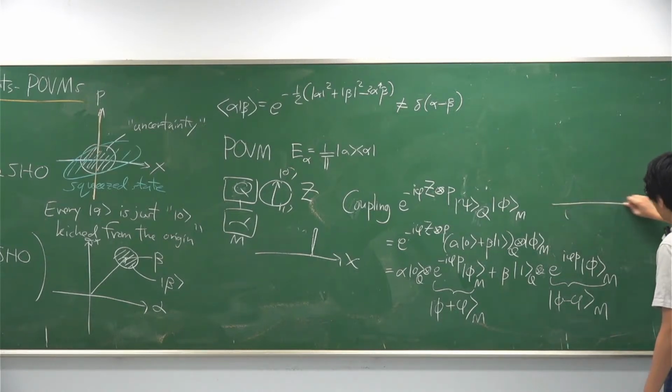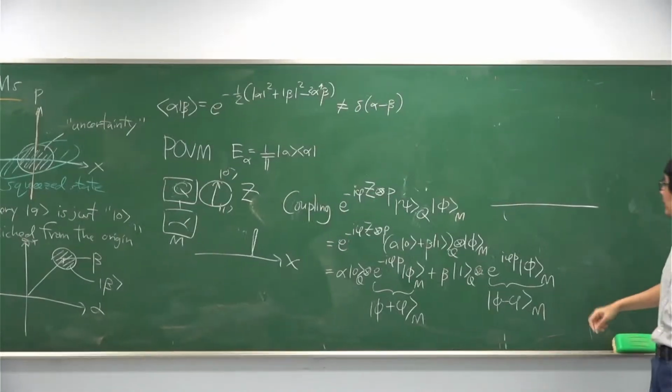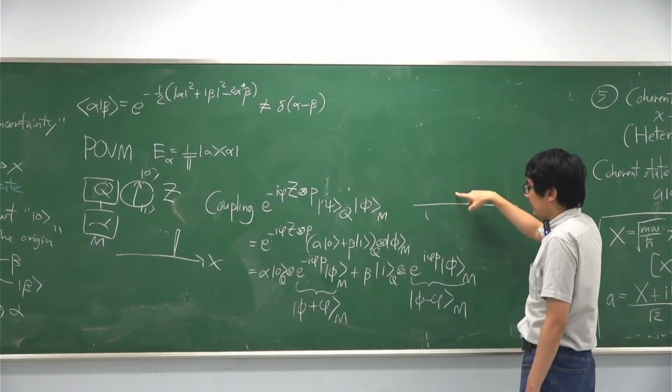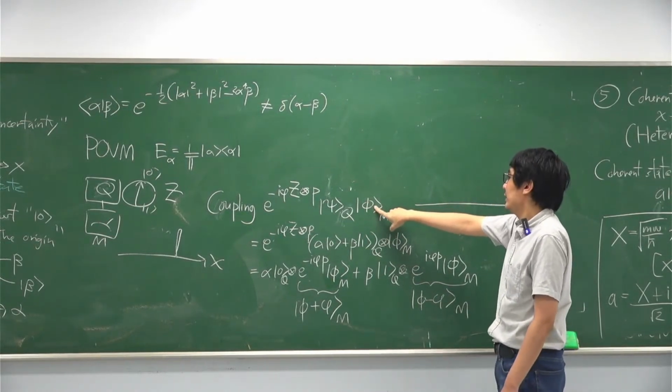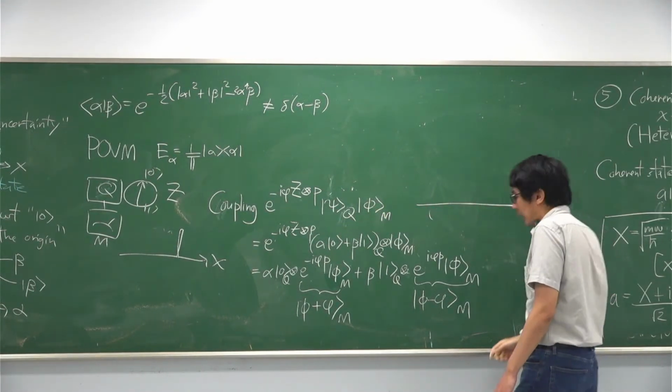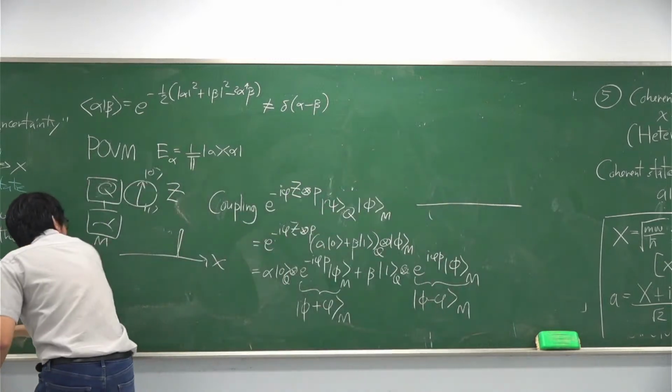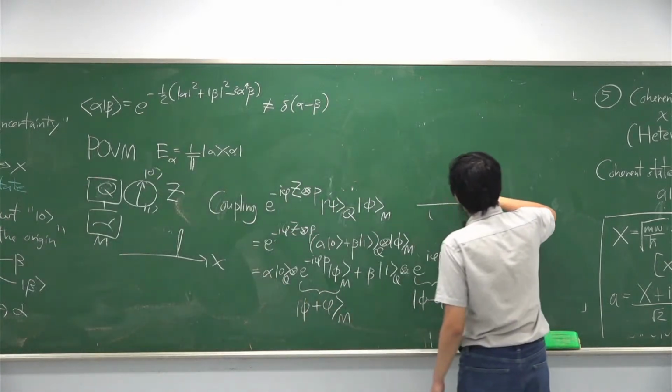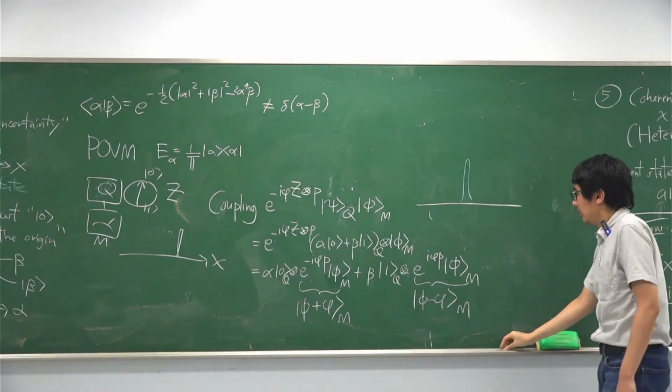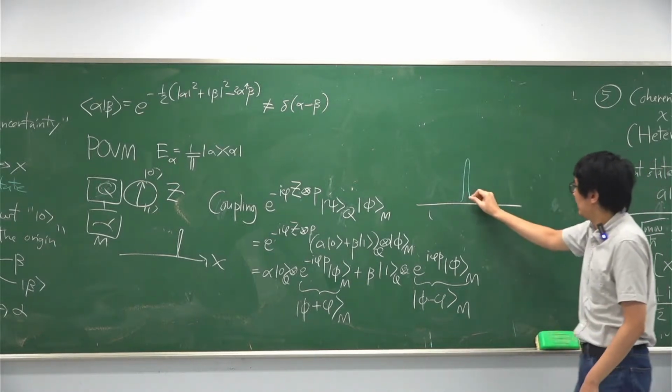Now we have a superposition of the meter state. Originally the phi here is maybe a Gaussian peaked at 0.